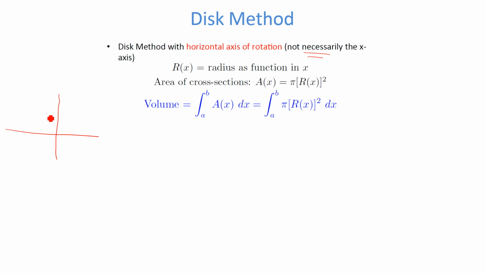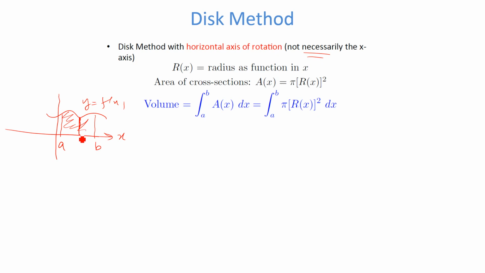So let's see how we can have this formula. This is the region, and we are rotating it about the x-axis. What we are actually rotating, if we have a cross section, is in fact a line. This is the curve y is equal to f(x). So we are rotating a line.